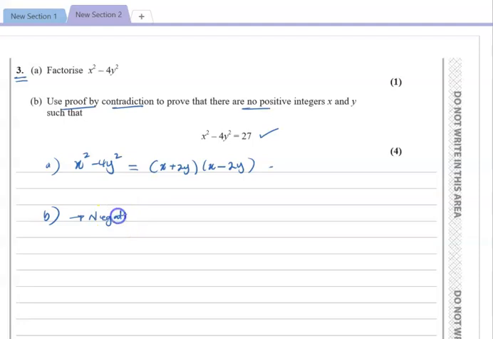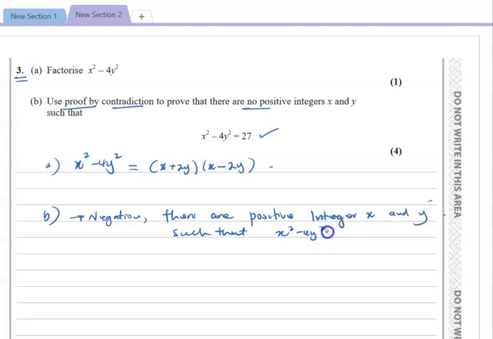The negation is that there are positive integers x and y such that x squared minus 4y squared is equal to 7. That's the negation.